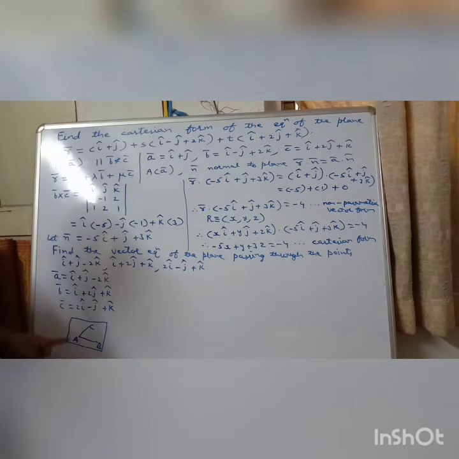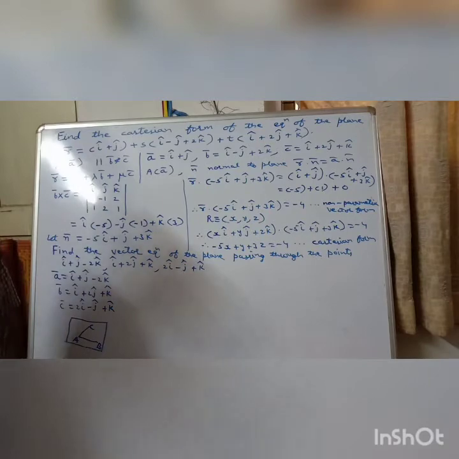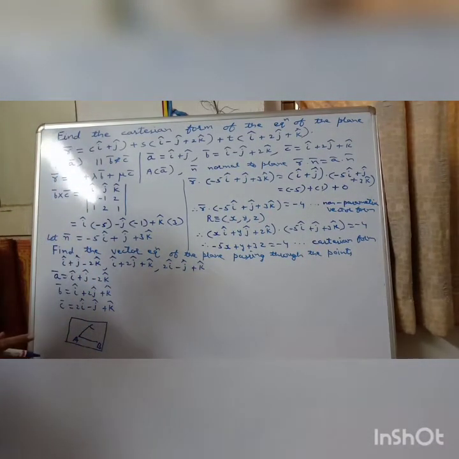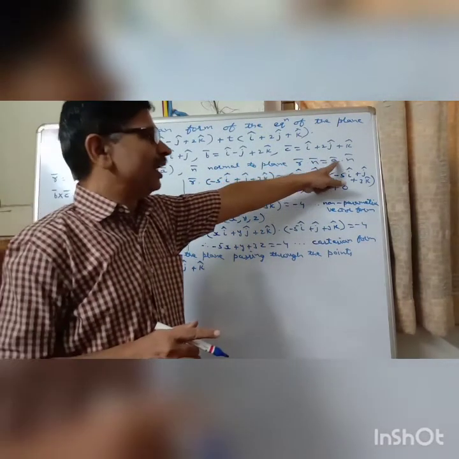So we know position vectors of 3 points in the plane. If we know the position vector of 1 point in the plane and a vector perpendicular, normal to the plane, then we can write the equation of the plane in vector form.